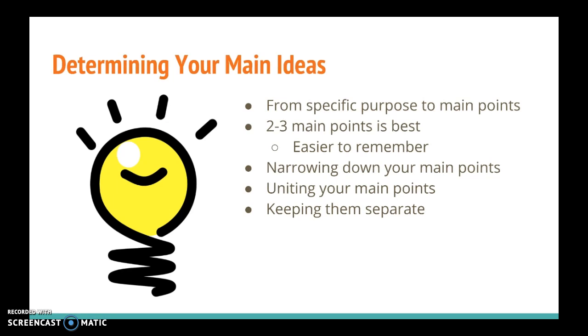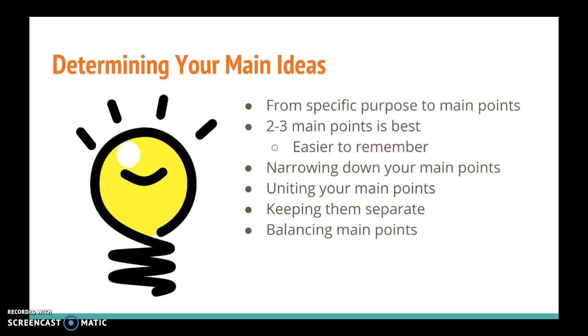So each main point needs to have a distinct idea that it's talking about that none of the other points are talking about. For example, you shouldn't be talking about something in main point 3 that you already covered in main point 1, because that becomes a little bit redundant. So you need to make sure that you have 2 to 3 separate ideas that all unite around your specific purpose.